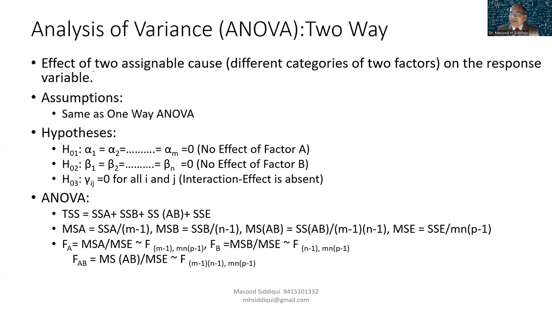Here we examine the effect of two assignable causes, which in this example are location and type, and the different categories of these two factors. Remember, location has four categories and type has two categories.